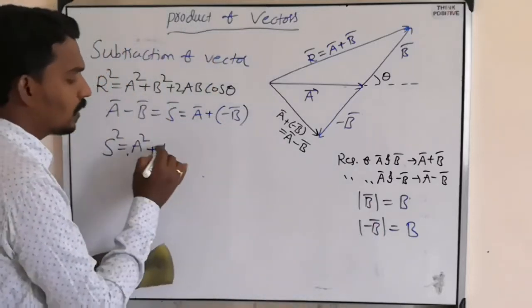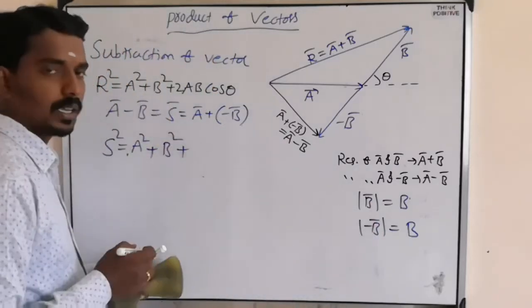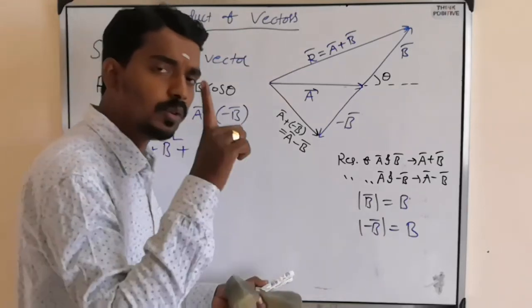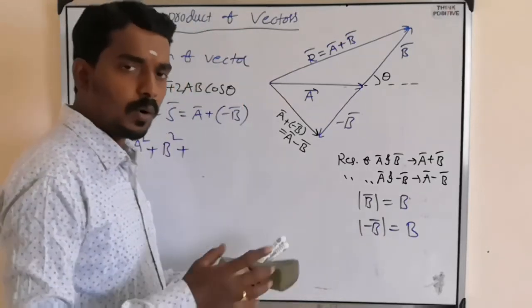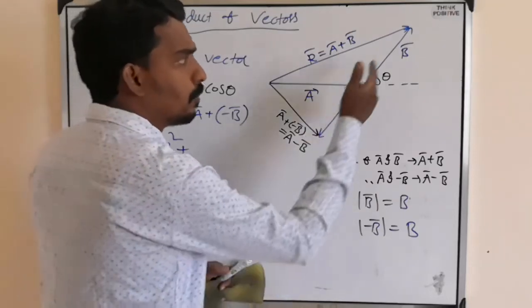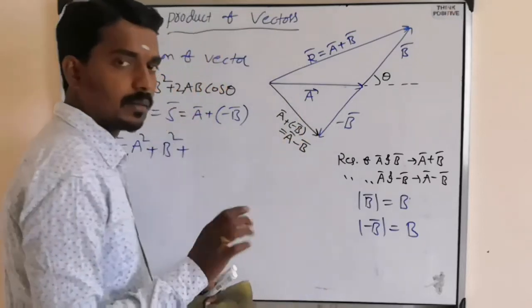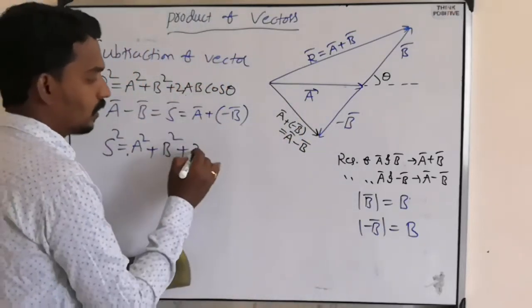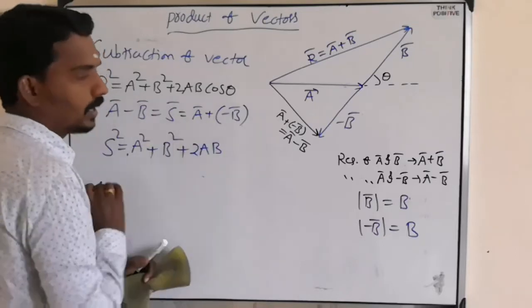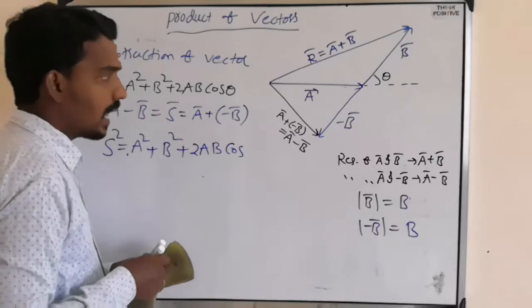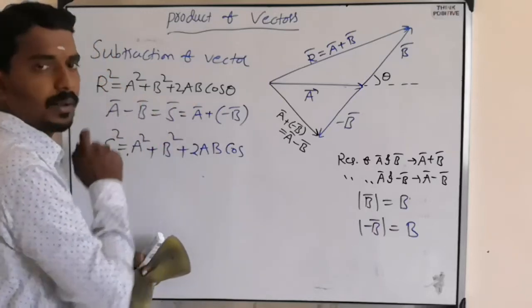So here also how much you will substitute? B square. I cap or minus I cap, what is the magnitude? 1 only. But the difference is direction opposite. Same way, B bar and minus B bar, magnitude is same B. Then plus 2AB cos. What is this?